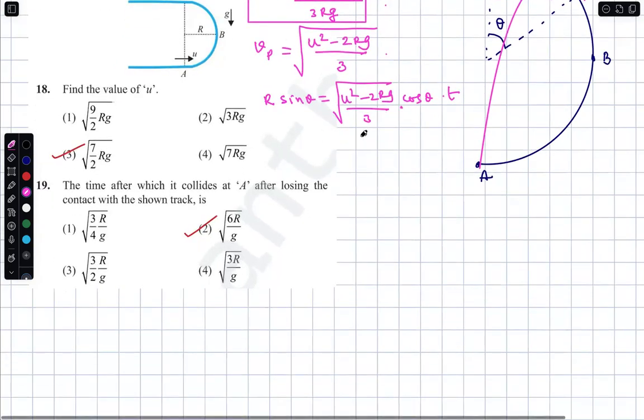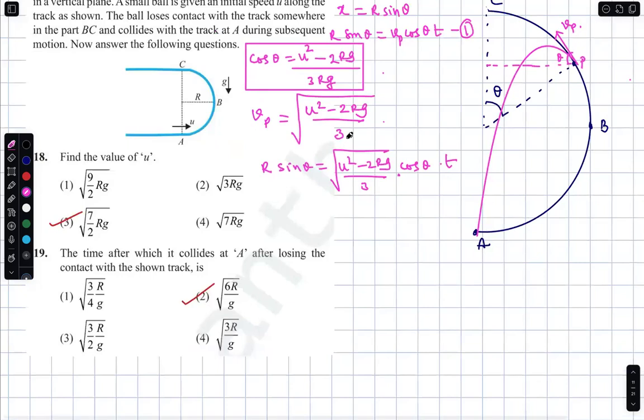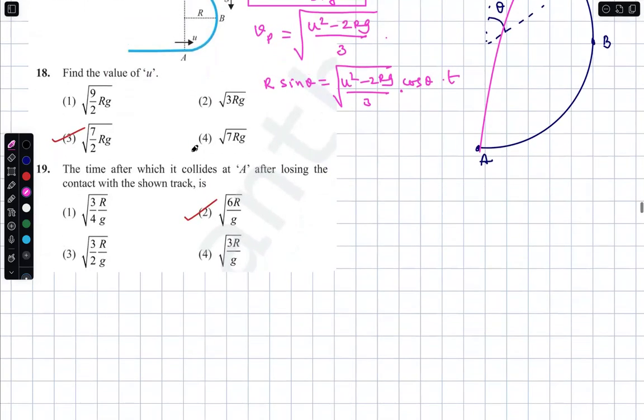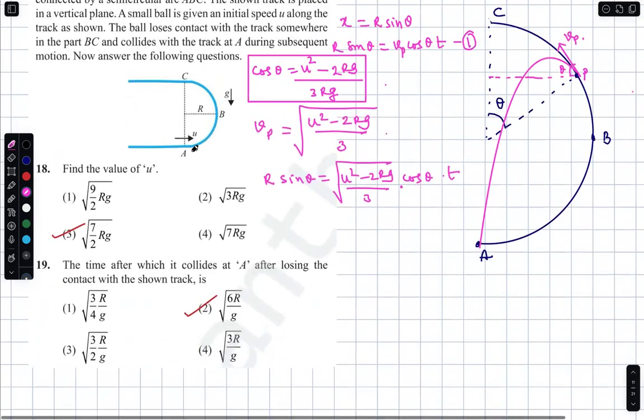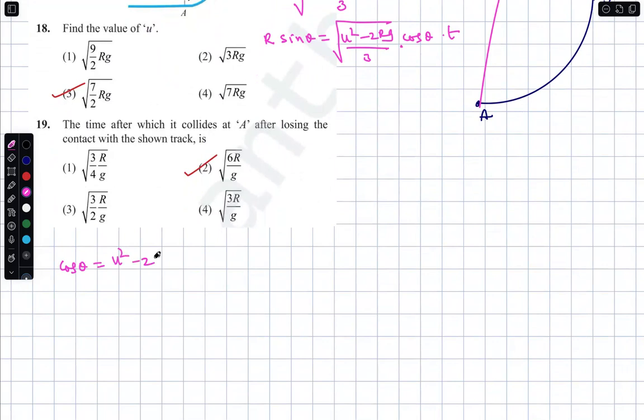Okay, fine. Everything is fine. But the only issue I am facing is, I know cos theta. Can I find sin theta from this or tan theta from this? Cos theta is u square minus 2rg by 3rg.